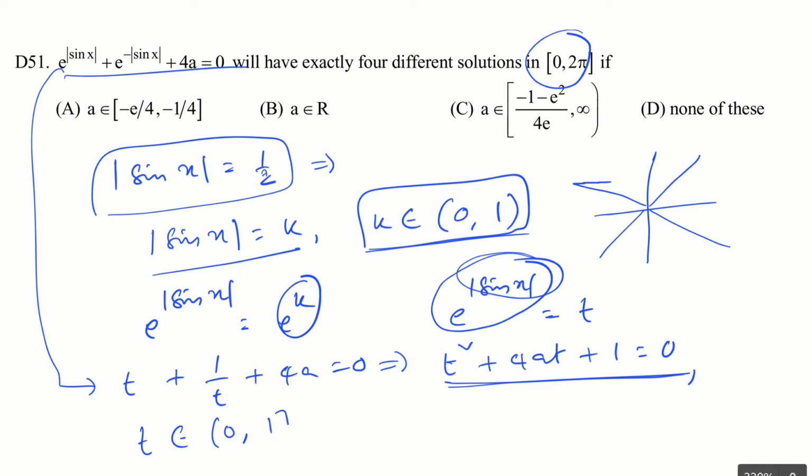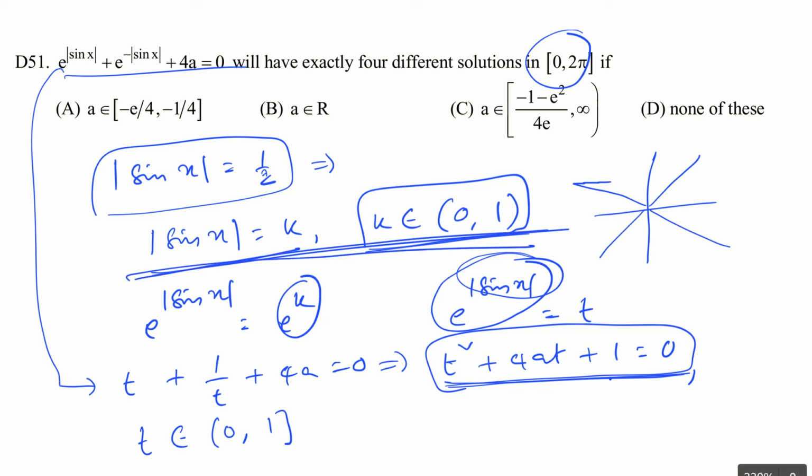And we want this equation to have exactly four distinct solutions, means we want mod sin x to lie strictly between 0 and 1, as we have observed here. Sorry, here t is e power mod sin x, with mod sin x lying between 0 and 1, t will lie between 1 and e.